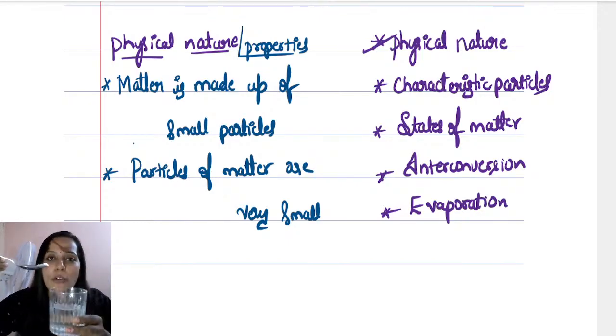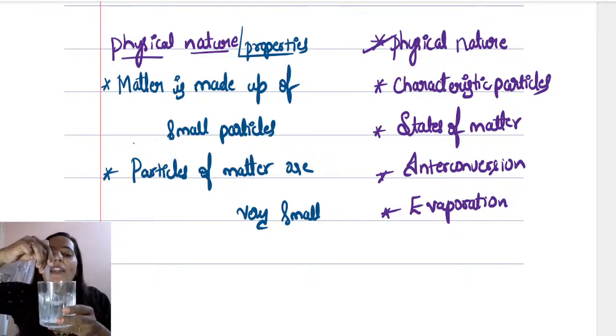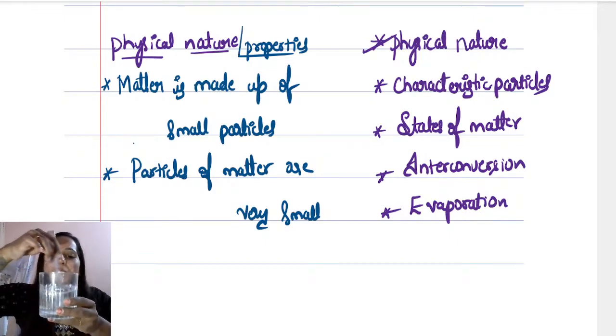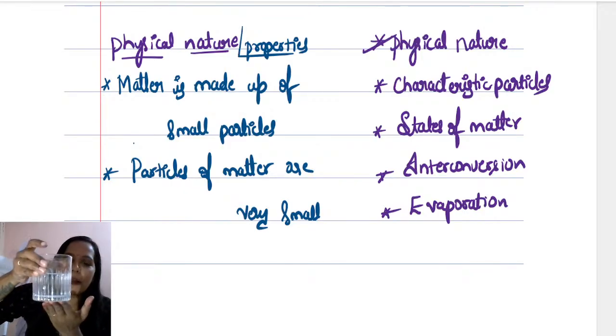I am taking some salt and adding it to the water. After adding the salt, I am giving it a nice stir. Nicely I am stirring the salt in the water. After stirring, I am holding the same glass in my hand.